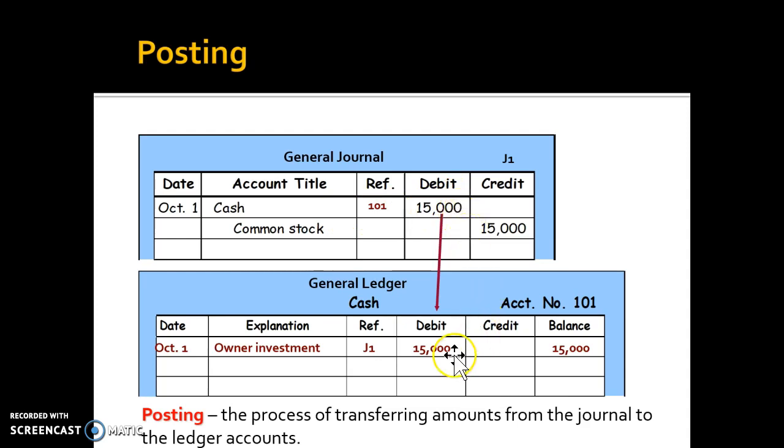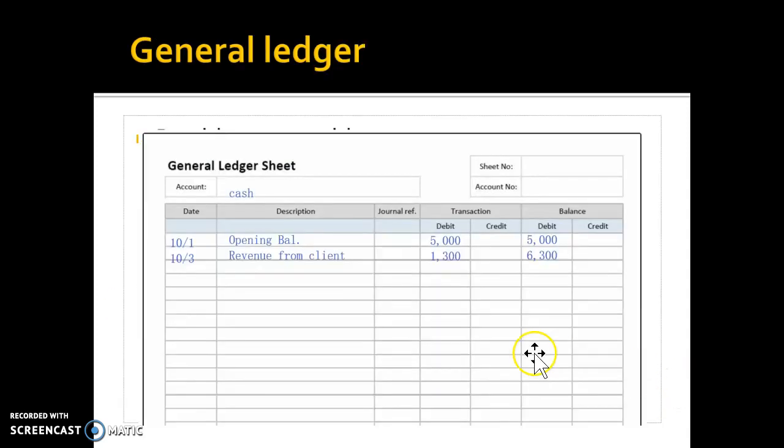We copy all the amounts, the page number, and the explanation of that transaction to the page related to cash. You can imagine there's another page designated for common stock. You will see the same thing, October 1 owner's investment, J1, but it would be common stock, and it would be a credit of 1,000, and the balance would be a credit of 1,000.